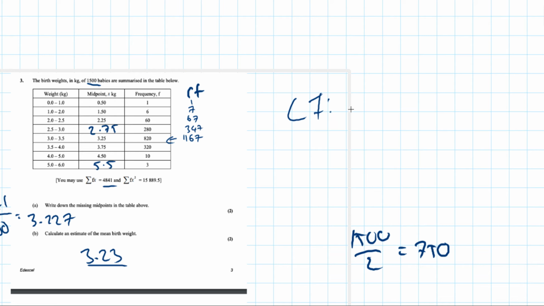The interpolation formula is lower class bound, which in this case is 3, plus, sorry, what do we have here?